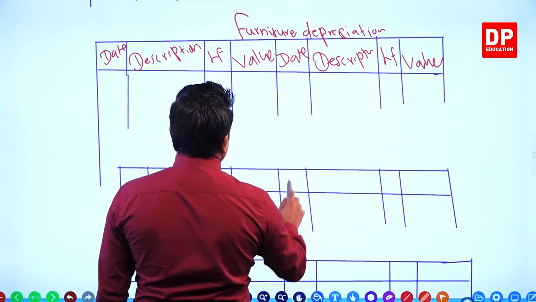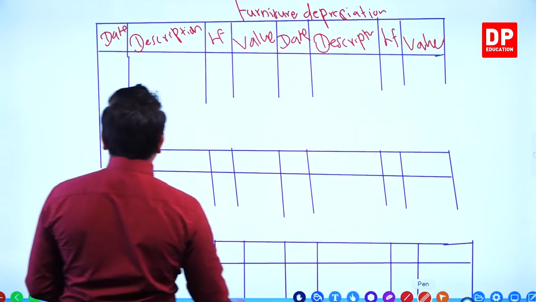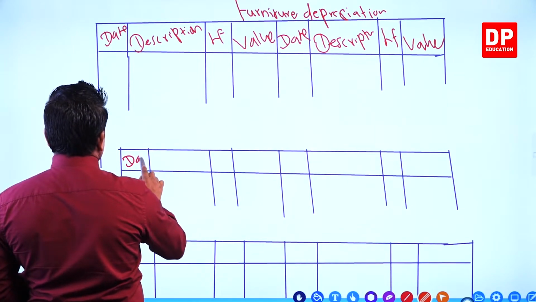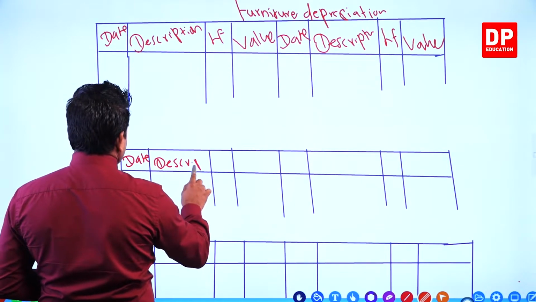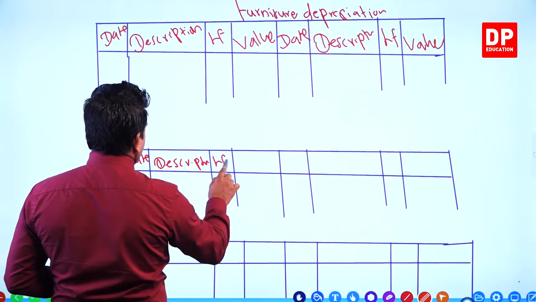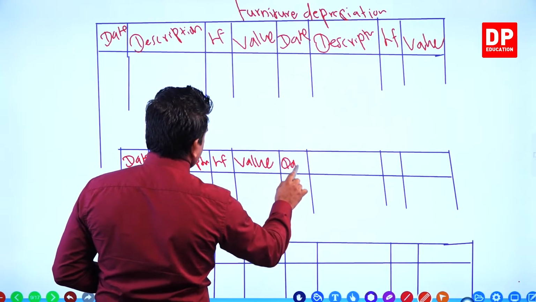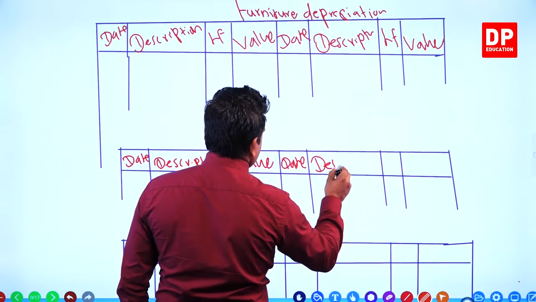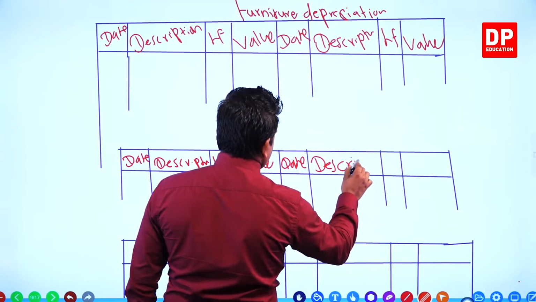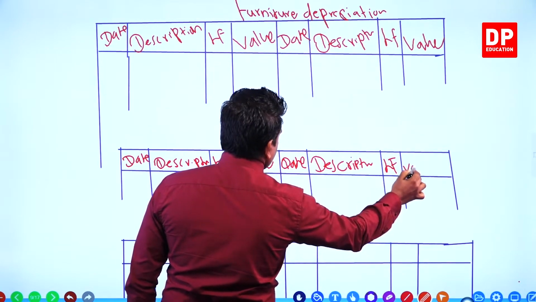Now the next one, date, description, ledger folio, value; date, description, ledger folio, value.